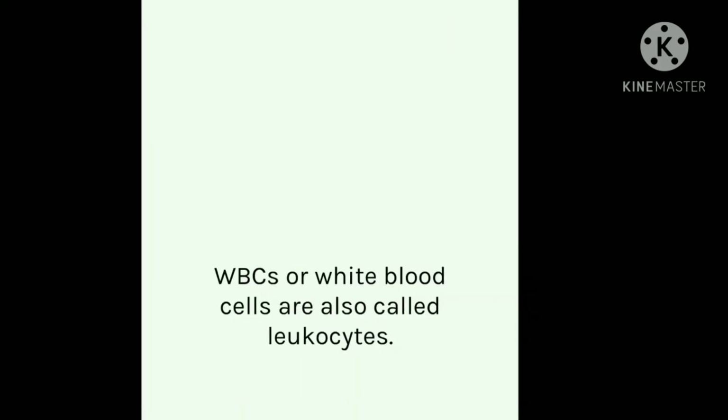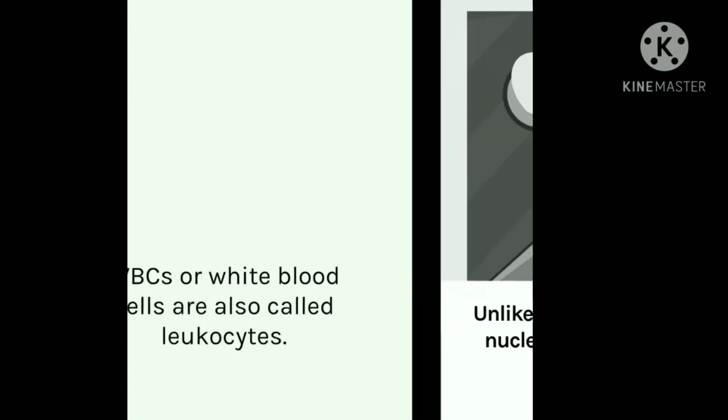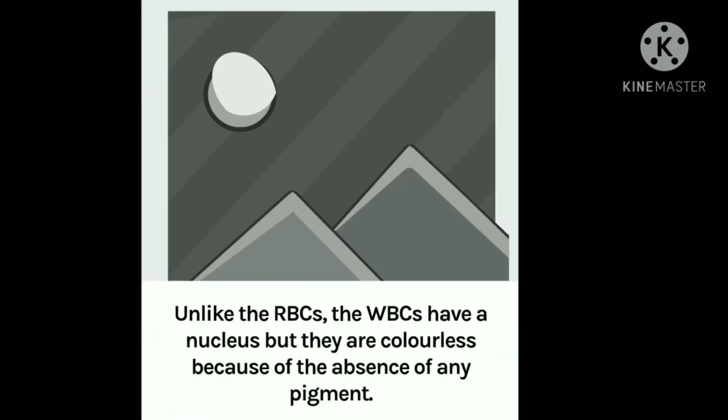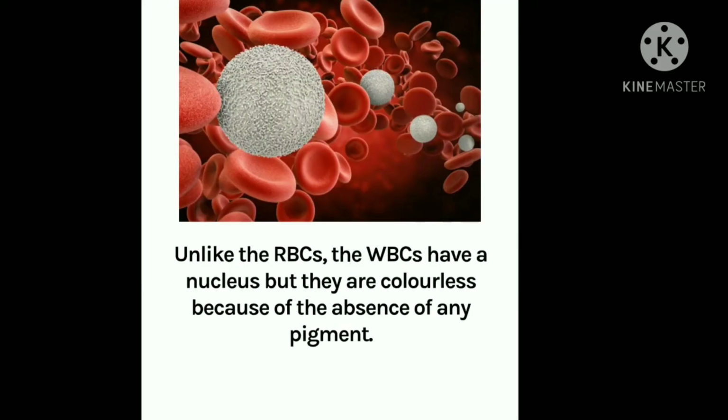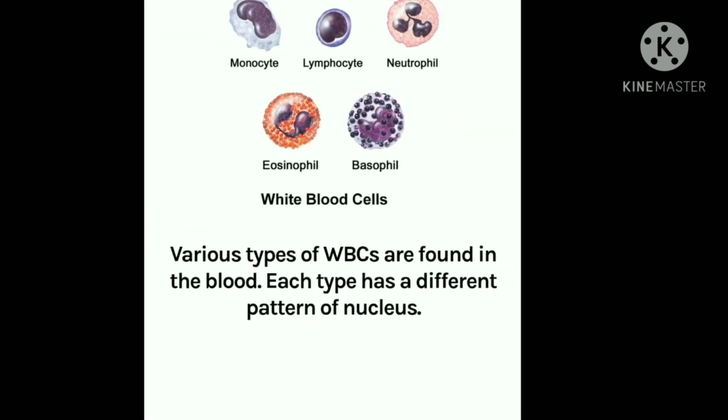White blood cells or WBCs, unlike the red blood cells, have a nucleus but they are colorless because of the absence of any pigment. So their color is white. Here you are able to see.